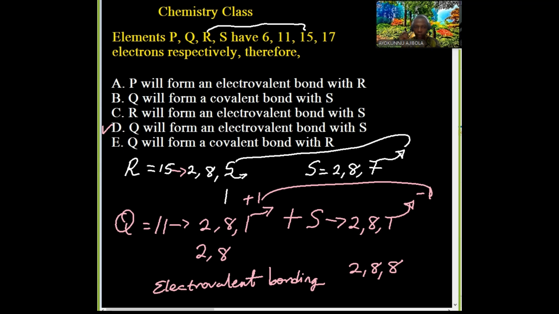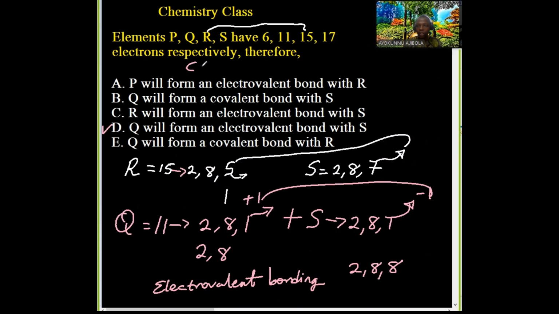Yes, sir. So what this is telling you is that you should go into your book and study about chemical bonding, okay? Go and read more on chemical bonding and types of chemical bonding and the conditions for those chemical bonding to take place. Why will electrovalent bond not take place in certain situations? In what situations are we going to have dative bonding?